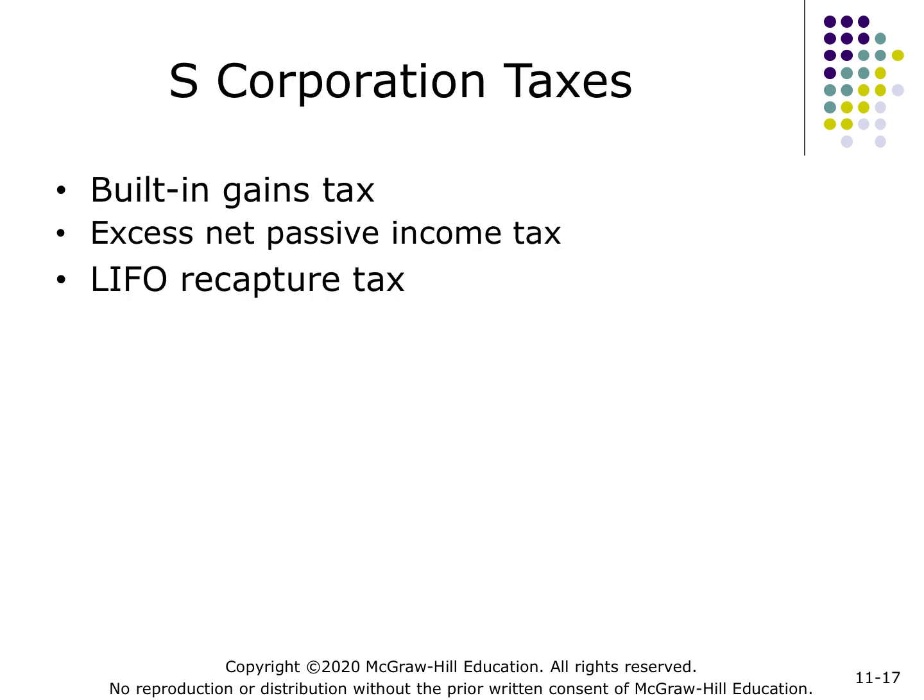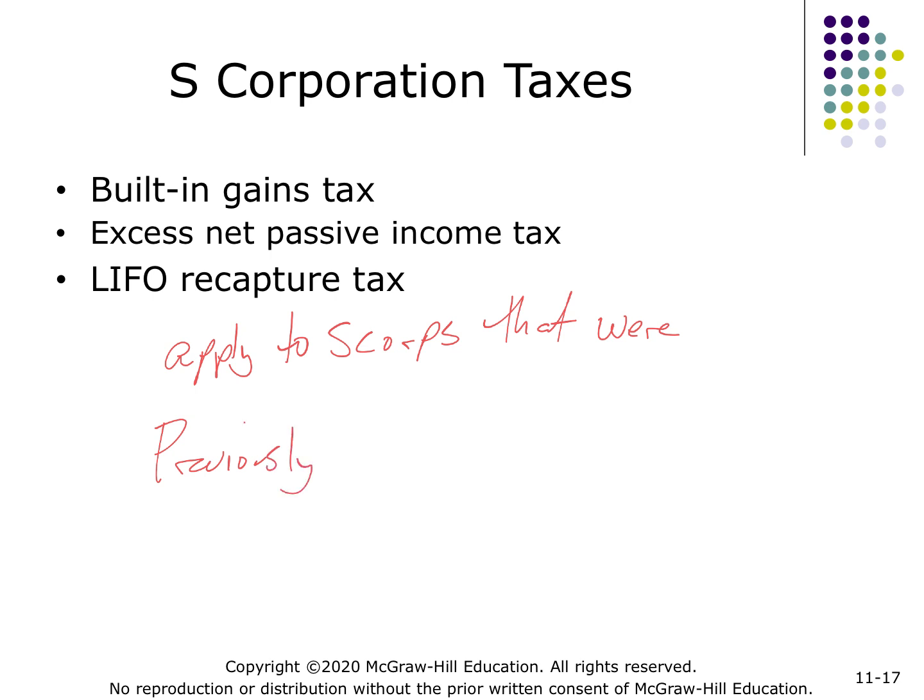All right, there are three somewhat unique taxes for S corporations: a built-in gains tax, an excess net passive income tax, and a LIFO recapture tax. All of these taxes only apply to S corps that were previously C corps, okay?